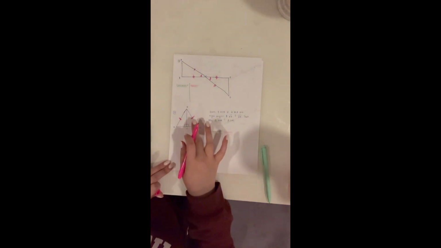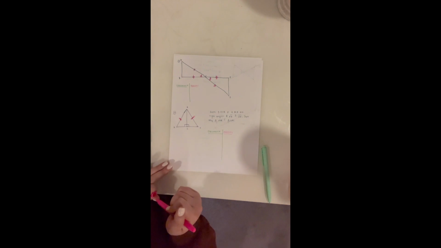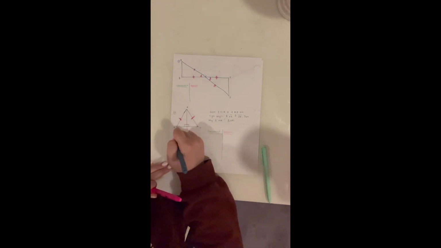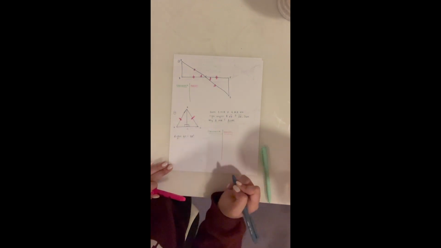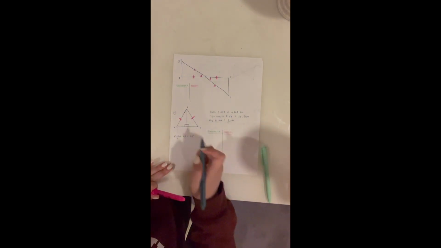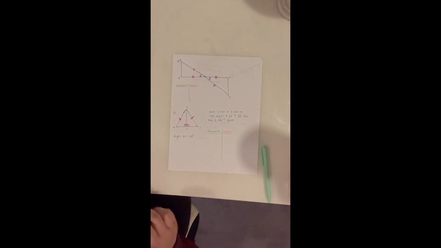So this hypotenuse is congruent to that hypotenuse, and this angle is a right angle, and this angle is a right angle. So we know that right angles are always 90 degrees, okay? And we know that these are congruent to one another because this is 90 degrees and this is 90 degrees, so they're congruent.